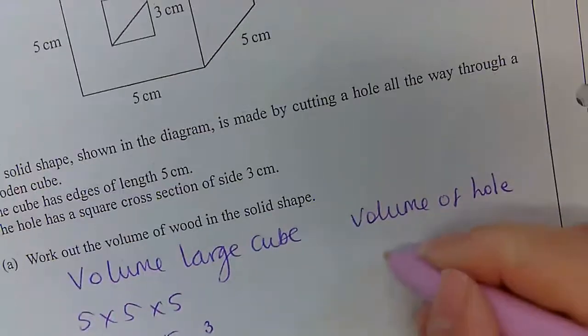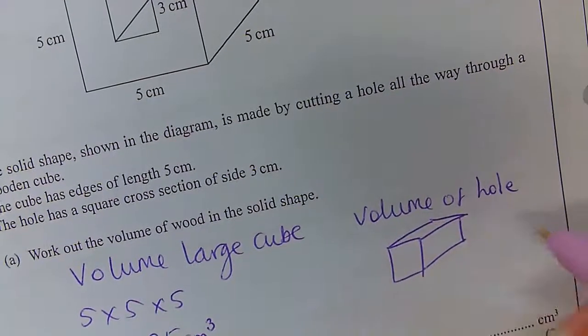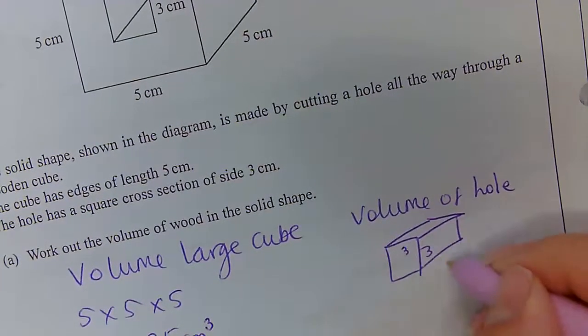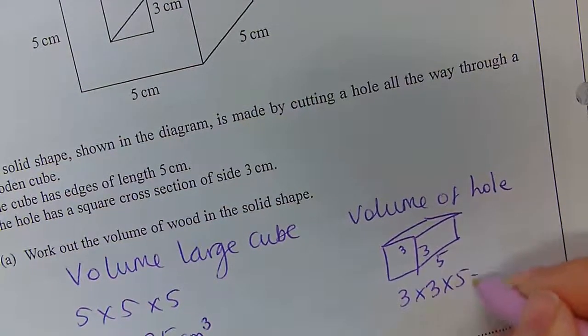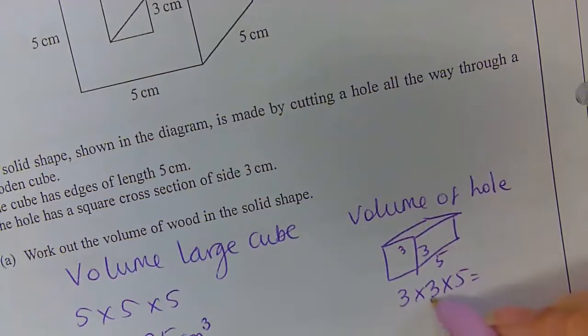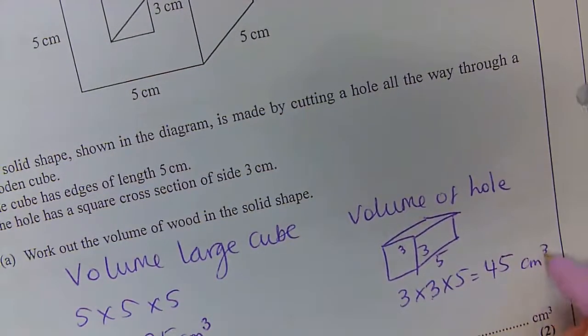My volume of the hole, well, we've got a little cuboid, if you think about it. It's not 3 times 3 times 3. It's 3 times 3 times 5. 3 times 3 is 9. 9 times 5 is 45 centimeters cubed.